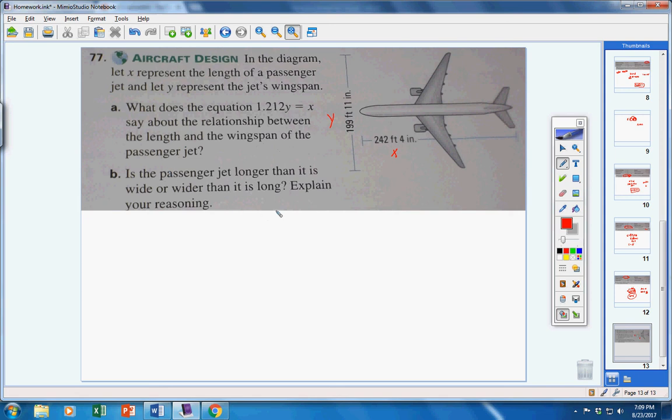Okay, listen carefully, and I'll explain this to you, okay? I have 1.212 times what? Y. What is Y? The wingspan. So I have 1.212 times the wingspan equals what? X. What does X stand for? The length of the plane.